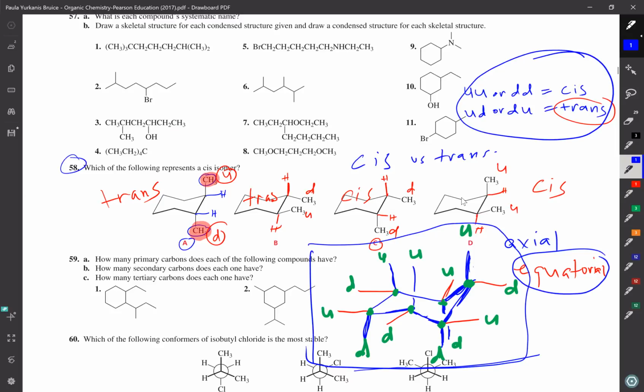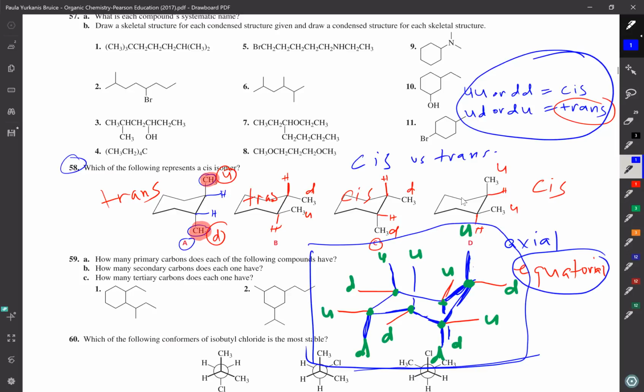I repeat, when the substituents are on the equatorial bond, your molecule is more stable compared to when the substituents are on the axial bond. Is that okay? Remember, all my equatorial bonds are the red bonds. So if your substituents are on the red bonds, you will have a more stable molecule compared to one in which the substituents are on the blue bonds.